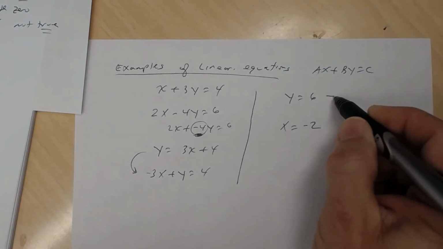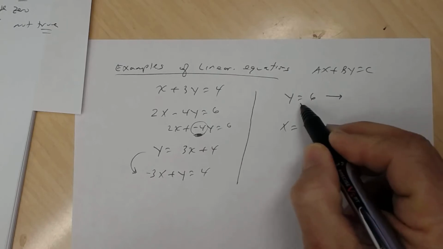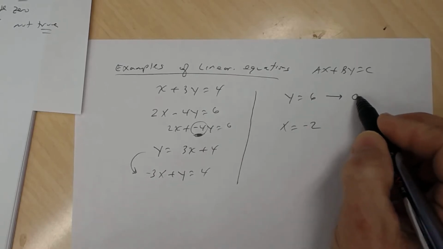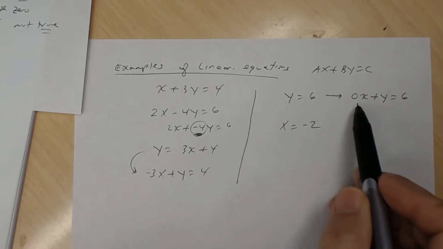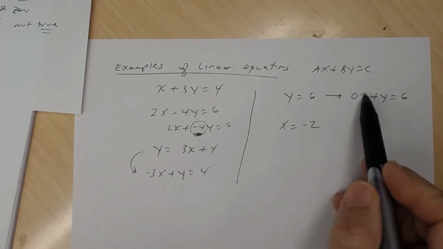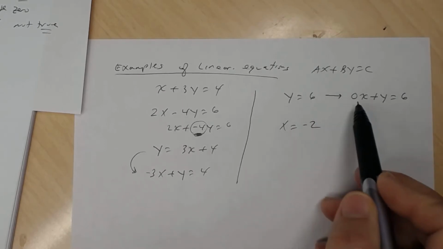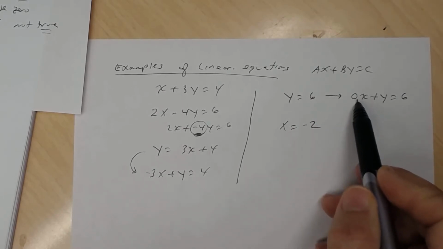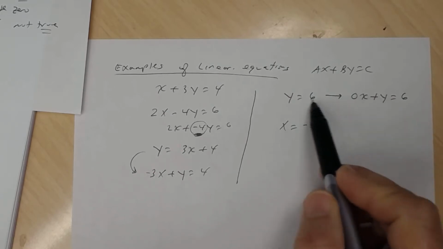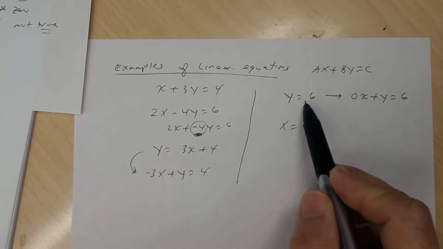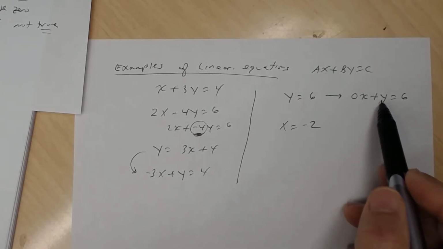I want you to notice that you can rewrite this equation like this: 0x plus y equals 6. Do y'all agree that 0 times x is 0 and 0 plus y is y? So in this case, one of the coefficients is 0. So this right here, y equals 6, is a linear equation in two variables.